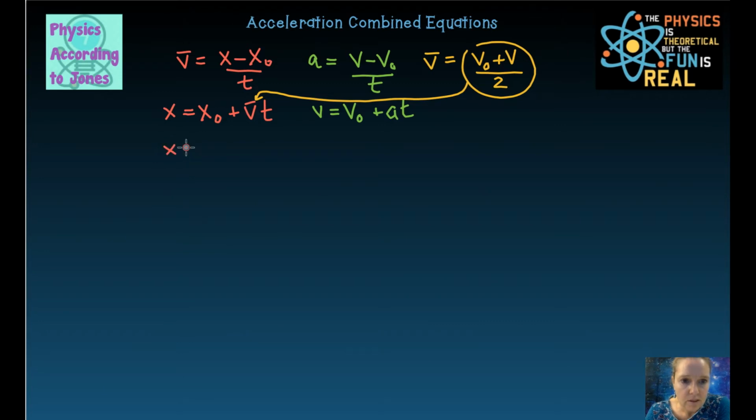I'm going to write x equals x naught plus, and I'm going to keep this all color-coded, v0 plus v over 2, and it's still going to be times t.